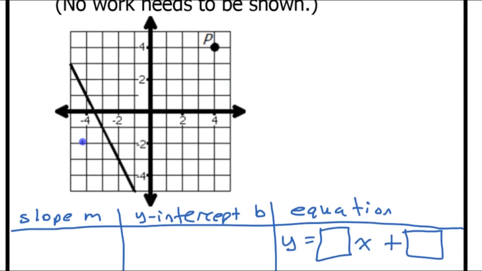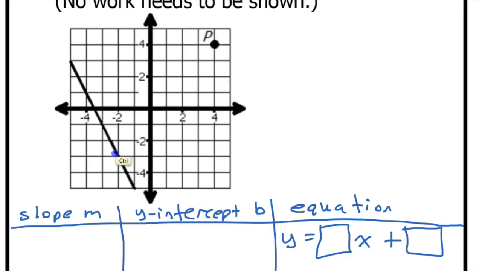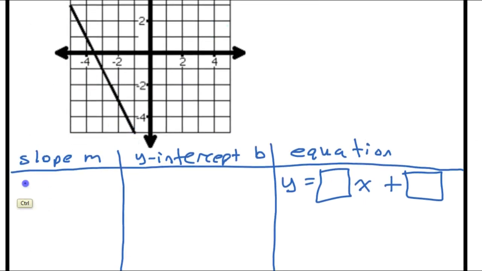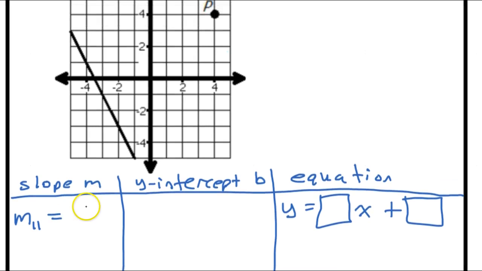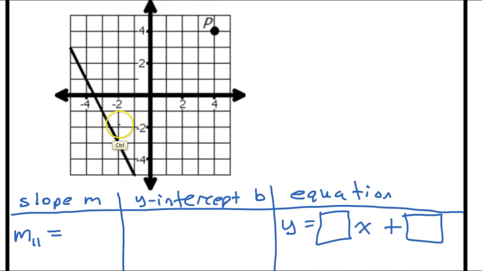Okay, now this line drawn is not the line we're writing the equation of. This is a parallel line. So because it's a parallel line, we should be able to use it to find what I call m parallel, the slope of a parallel line. So, what is the slope of this parallel line?